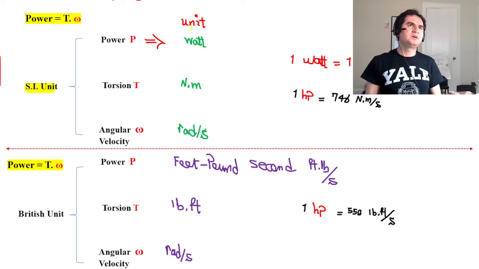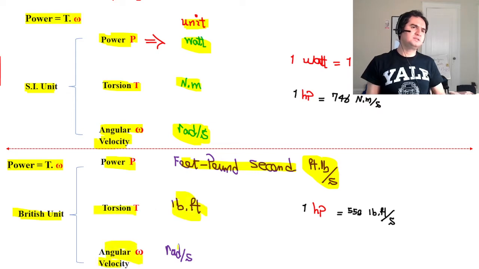In SI, power is in watts, torsional torque is in Newton meters, and angular velocity is in radians per second. Likewise, in British units, power goes by foot-pound per second, torque is in pound-feet, and angular velocity is in radians per second in both of them.